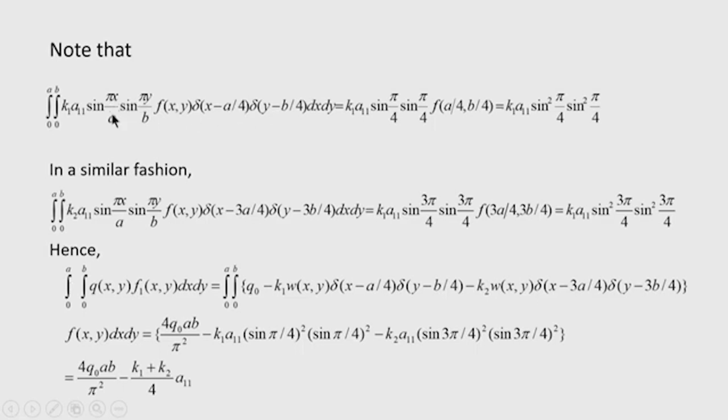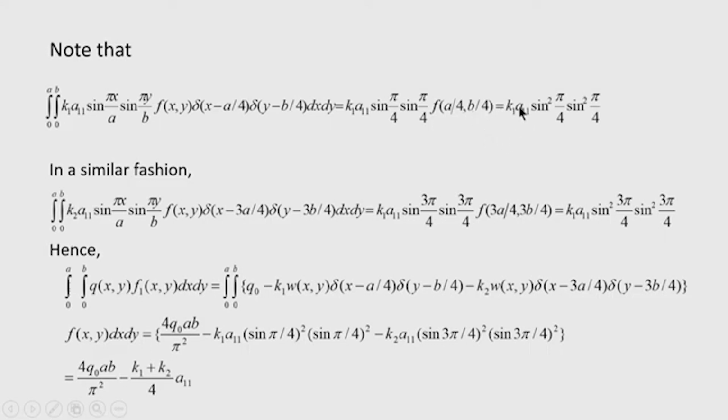So, it becomes sin pi by 4, and here y is also b by 4, so it is again sin pi by 4. Similarly, the other function will also be calculated with the quantities 3 a by 4 and 3 b by 4.